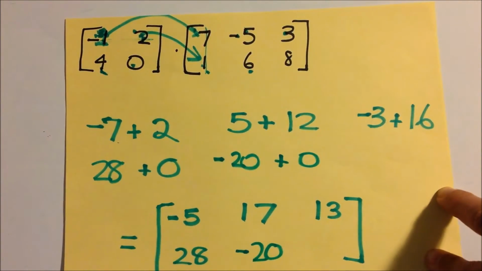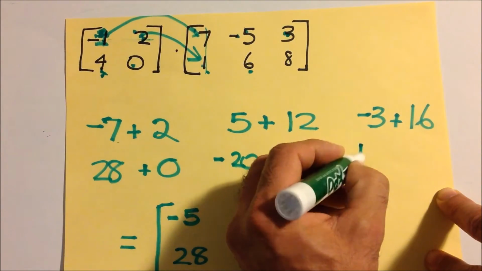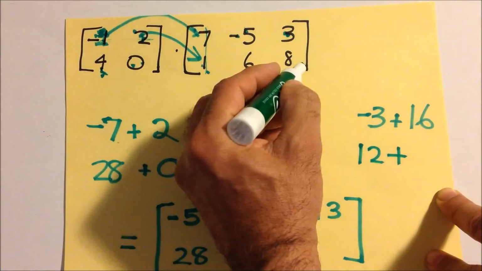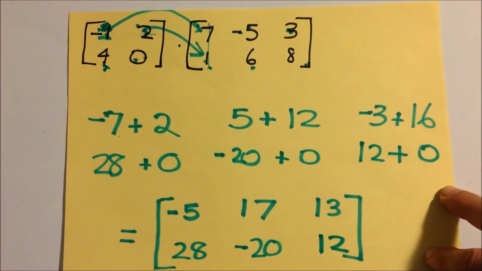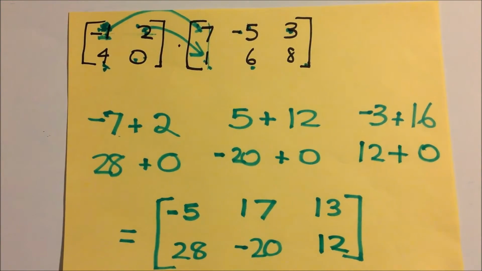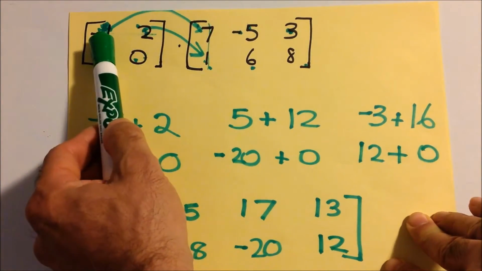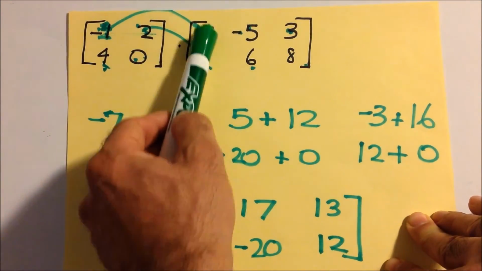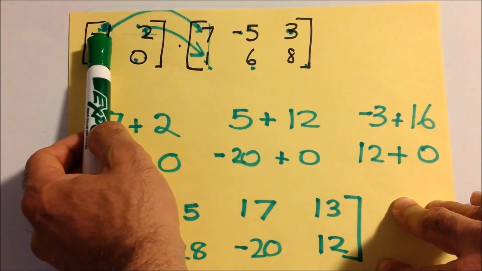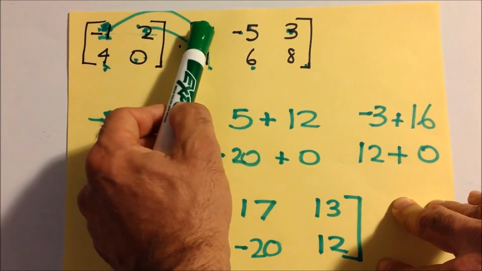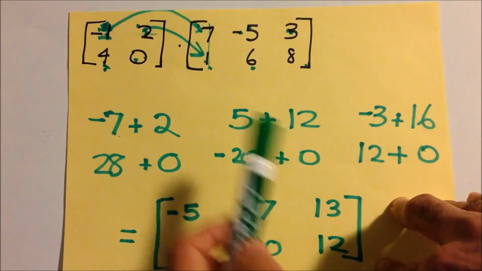We're almost done. 4 times 3 is 12, and 0 times 8 is 0. And we just made the new matrix. So again, you're going to multiply every element in the row with every element in the column, first row, first column, times the first column in the next matrix.